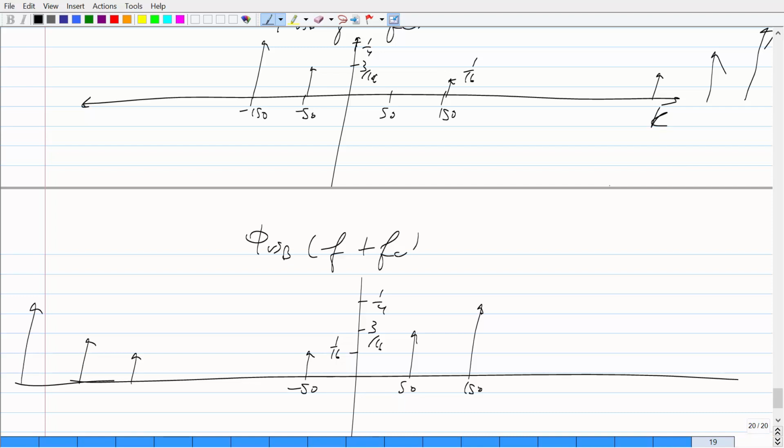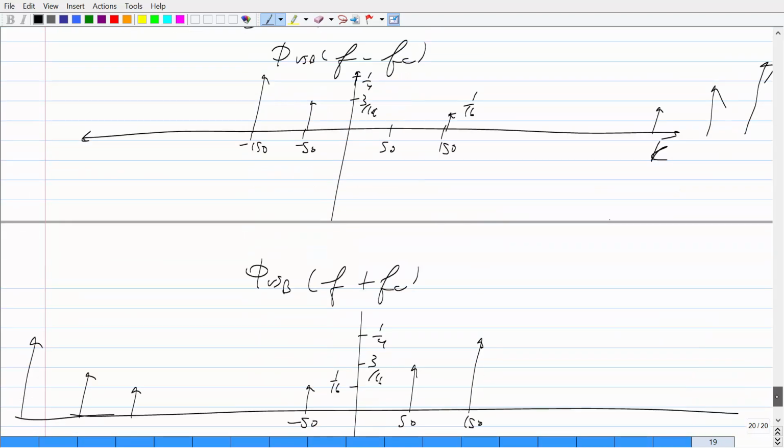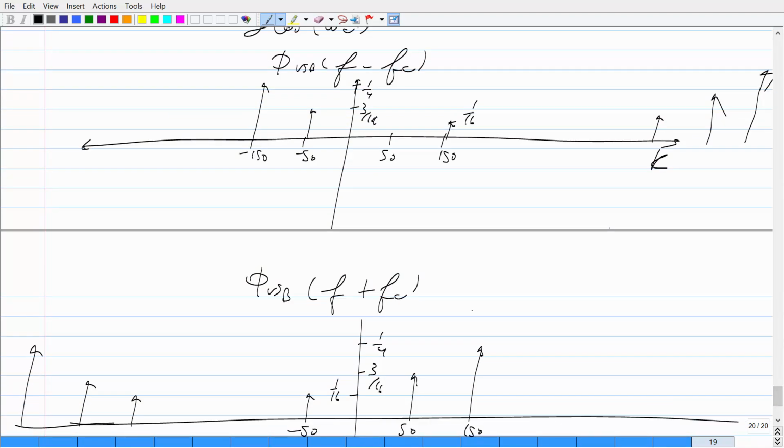Then I'm going to add these all up together.